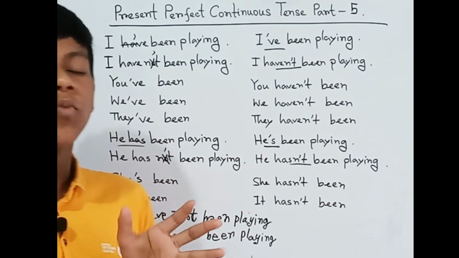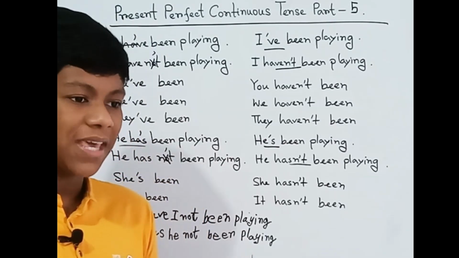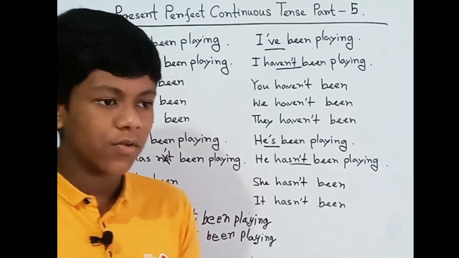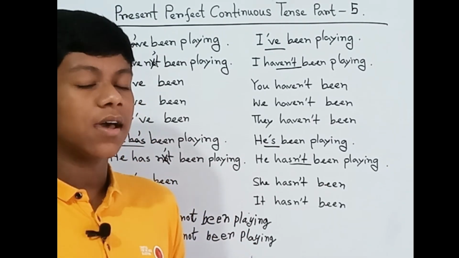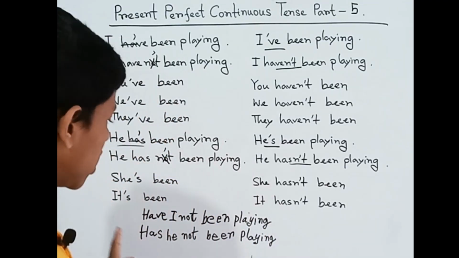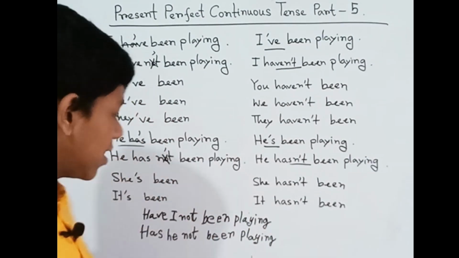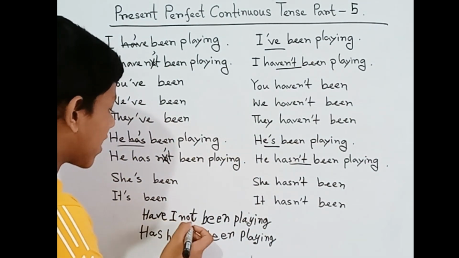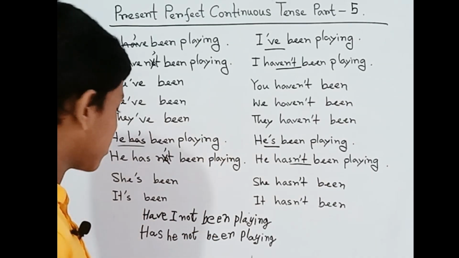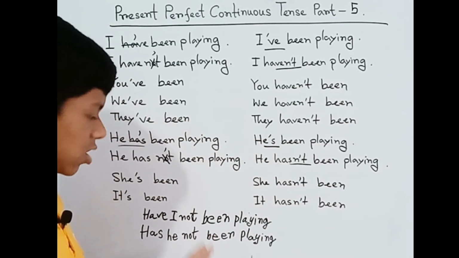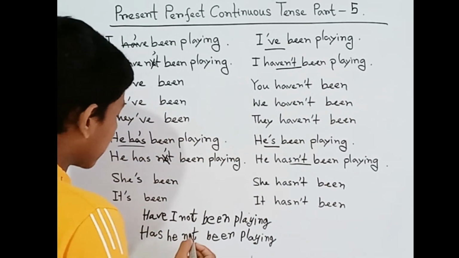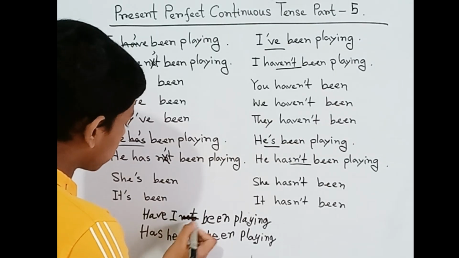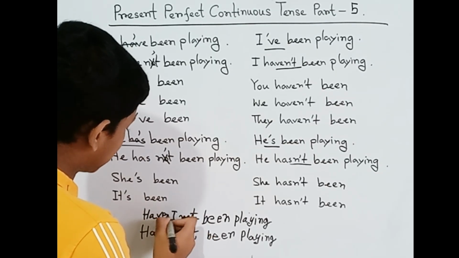So if you want to save your time, if you want to make it a little more informal, so your fans can understand quickly, you can say it simply. Instead of have and then adding not, you can say haven't. You don't need to write the not.